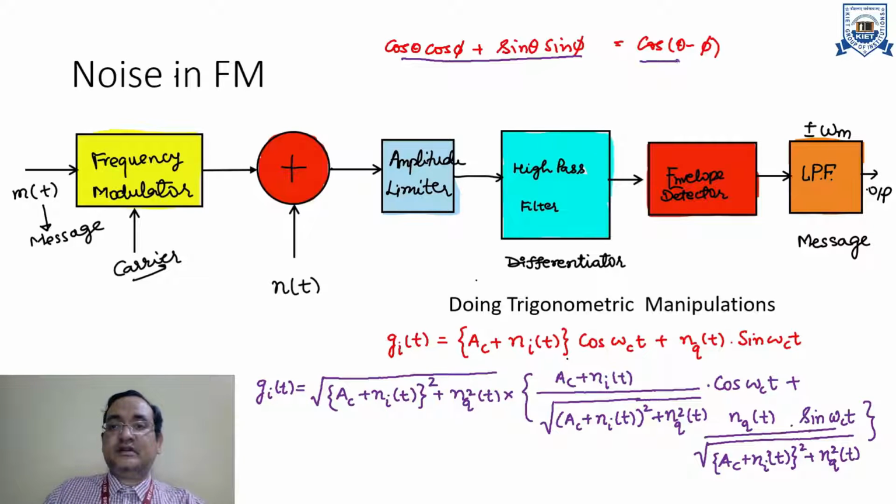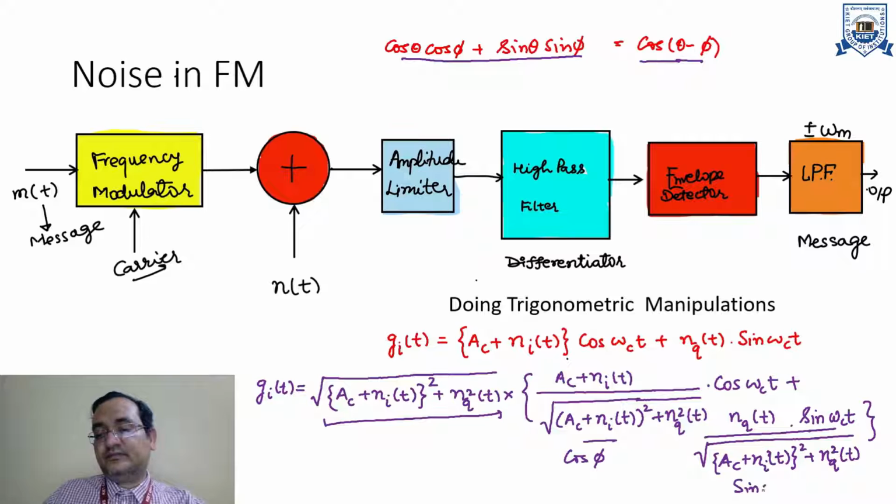So it may be written as cos of theta minus phi. This is my envelope for this equation, and this will be the cos of phi, and this will be the sine of phi.